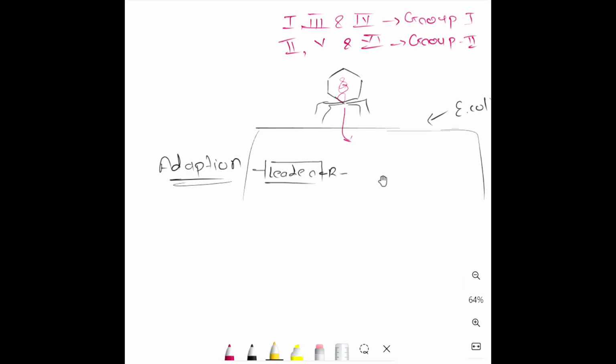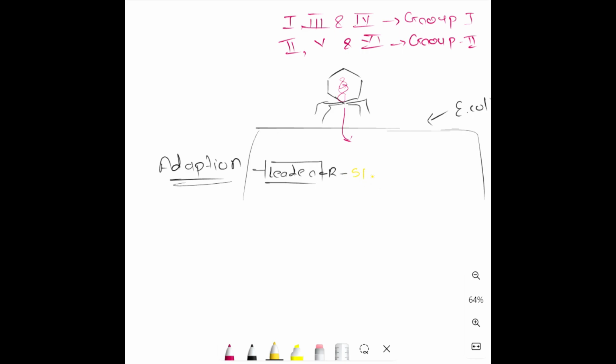The spacers are complementary sequences matching any previous infection of a virus or plasmid. So for example, this E. coli cell was already infected with another phage, and a specific spacer complementary to that phage was already integrated into the CRISPR array.